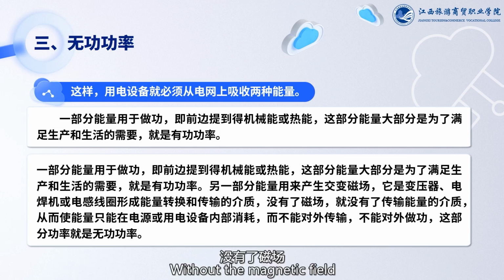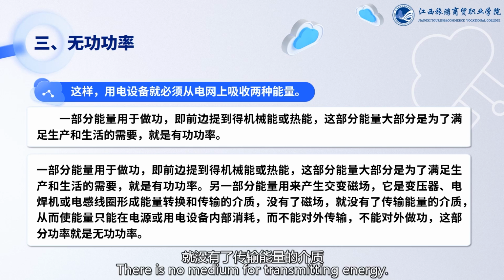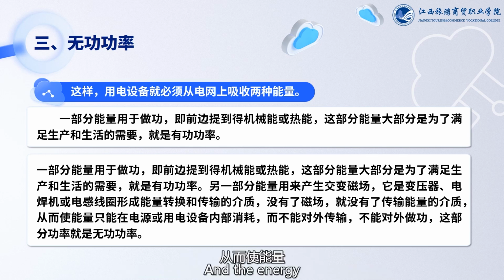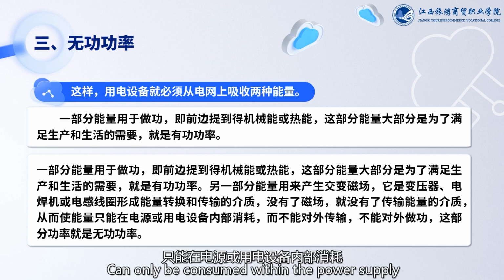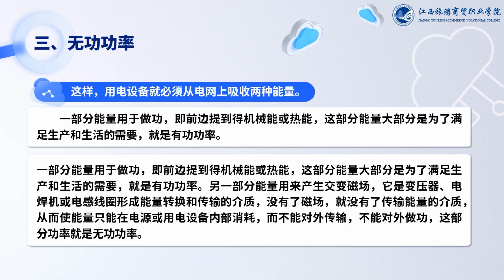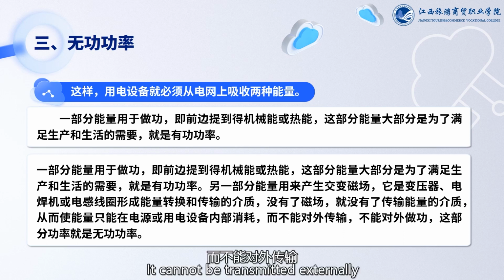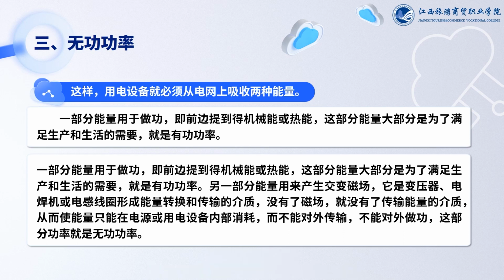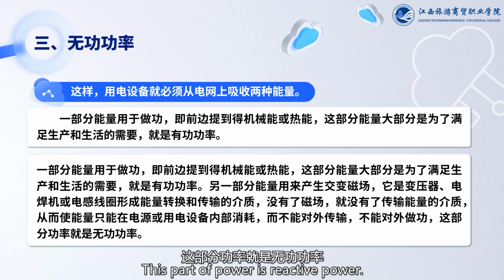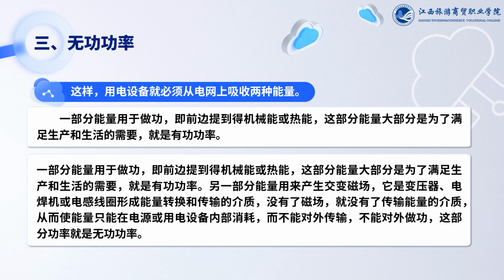Without the magnetic field, there is no medium for transmitting energy, and the energy can only be consumed within the power supply or the electrical equipment itself. It cannot be transmitted externally or perform external work. This part of power is reactive power.